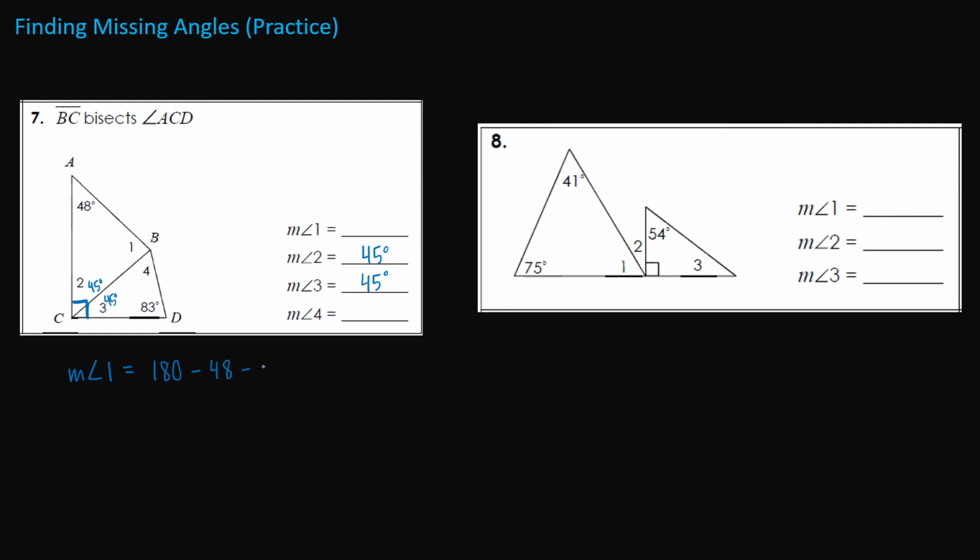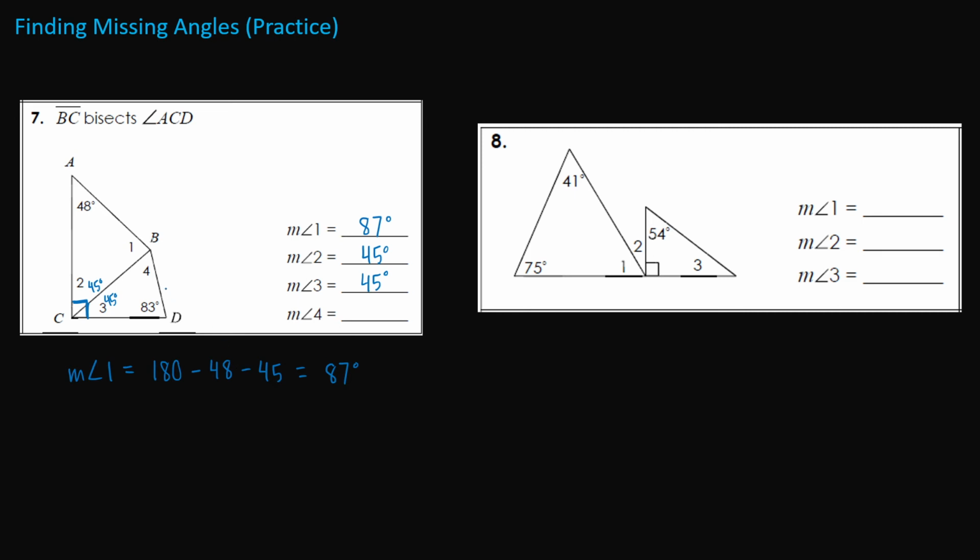So subtract 48 and 45. And so 180 minus 48 minus 45 would be 87 degrees. The measure of angle 1 is 87 degrees.